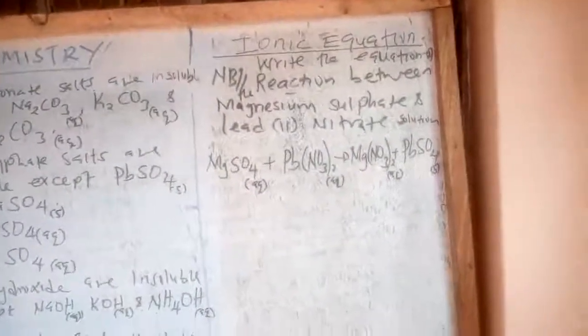But before we come to the dissociation or ionization of ions, whenever you are writing an ionic equation, you must make sure that it is well balanced, and also you write the state symbols so that you can know the ions which will dissociate during the reaction, so that the ions can react.